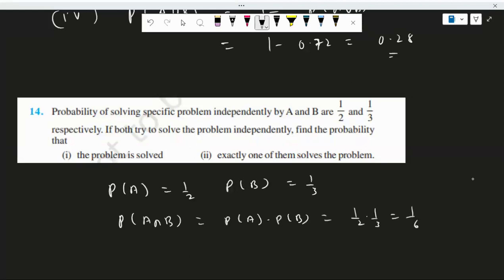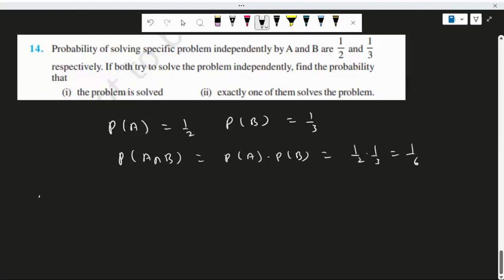If they try to solve the problem independently, find the probability that the problem is solved. Problem is solved means either A solves the problem or B solves the problem or both of them solve the problem.